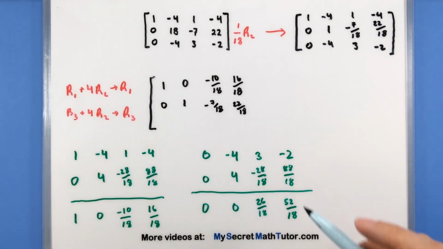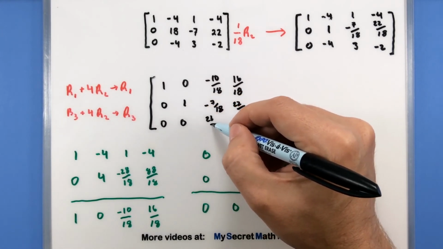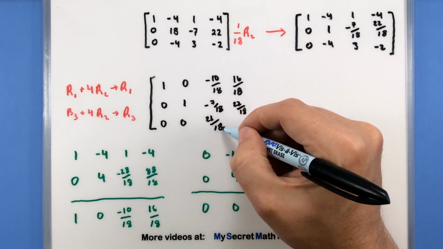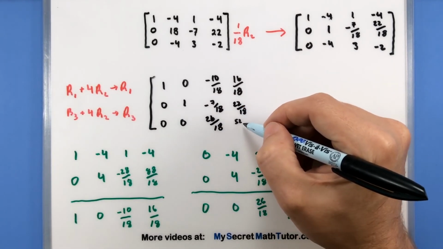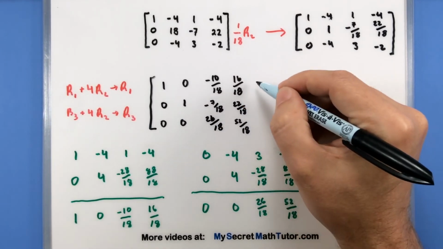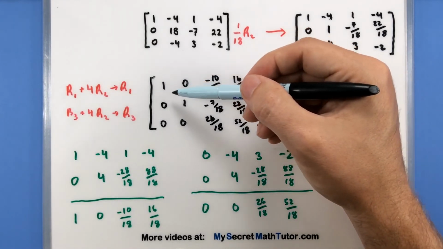And my new row 3, here it is on the bottom: 0, 0, 26/18 and 52/18. Lots of fractions starting to stack up near the end here, but look, we're getting that diagonal.